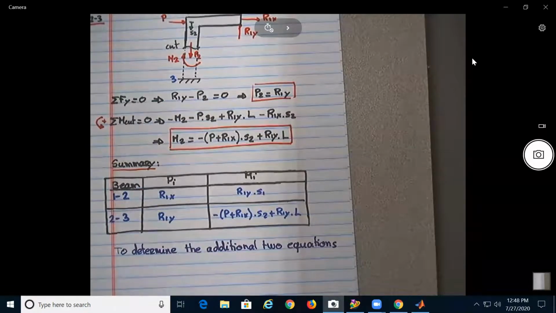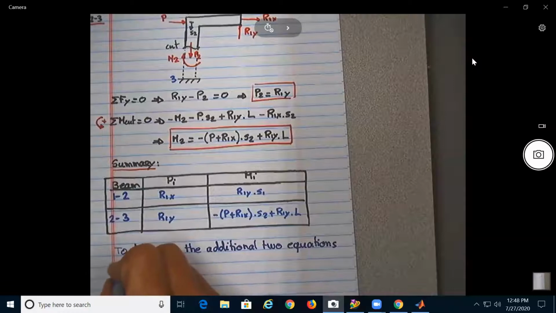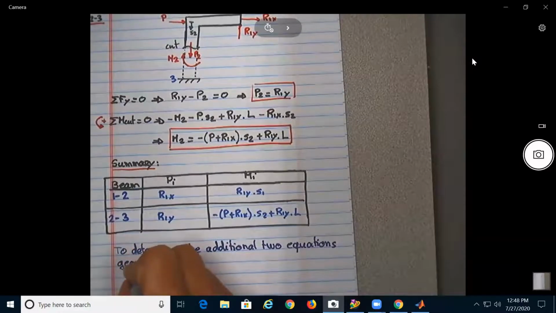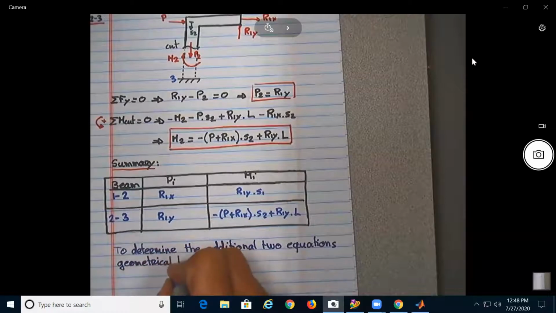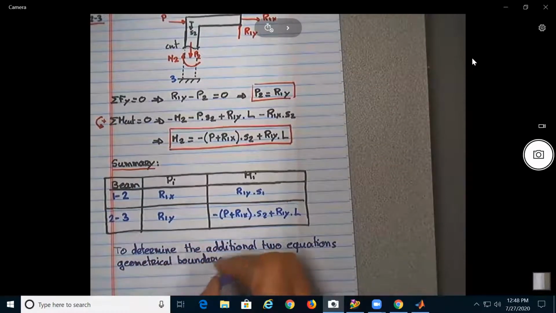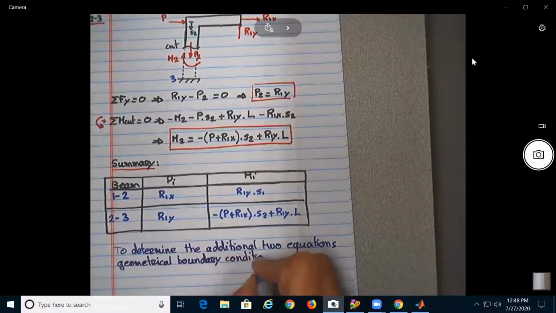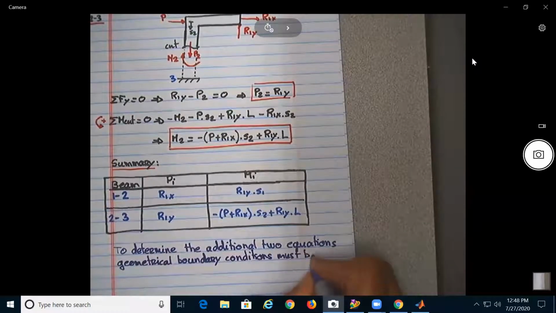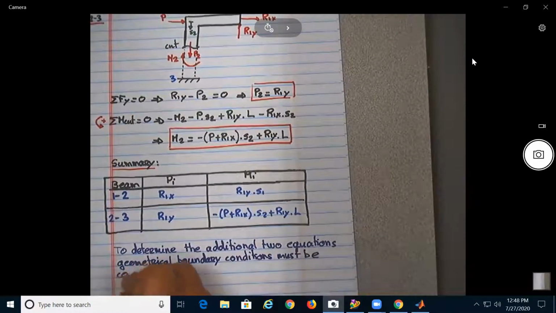To determine the additional two equations, geometrical boundary conditions must be considered.